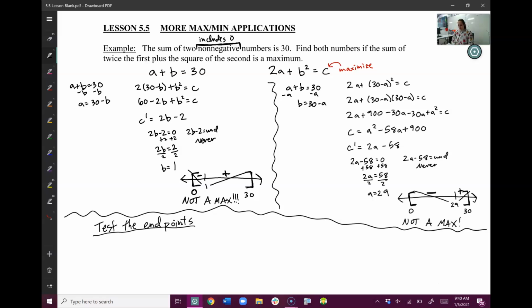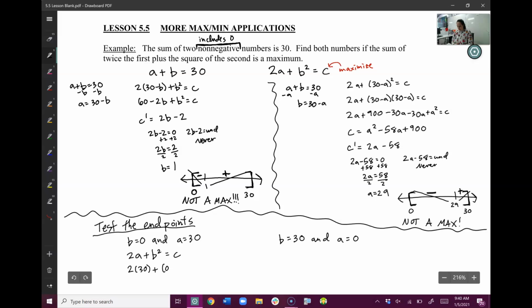So my first endpoint is if B equals 0 and A equals 30. And my second endpoint is when B equals 30 and A equals 0. So I'm going to test these by plugging it into what I want to maximize. So 2A plus B squared equals C. So 2 times 30 plus 0 squared equals C. So that is going to be 60.